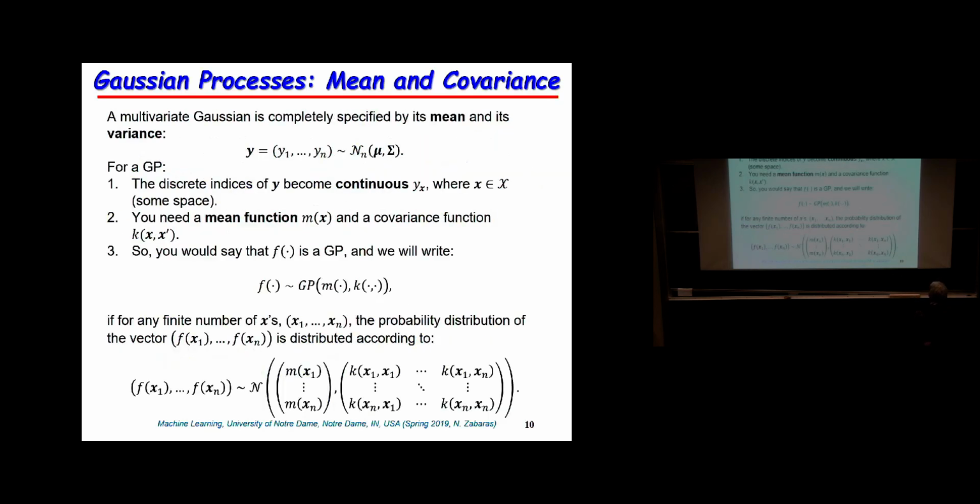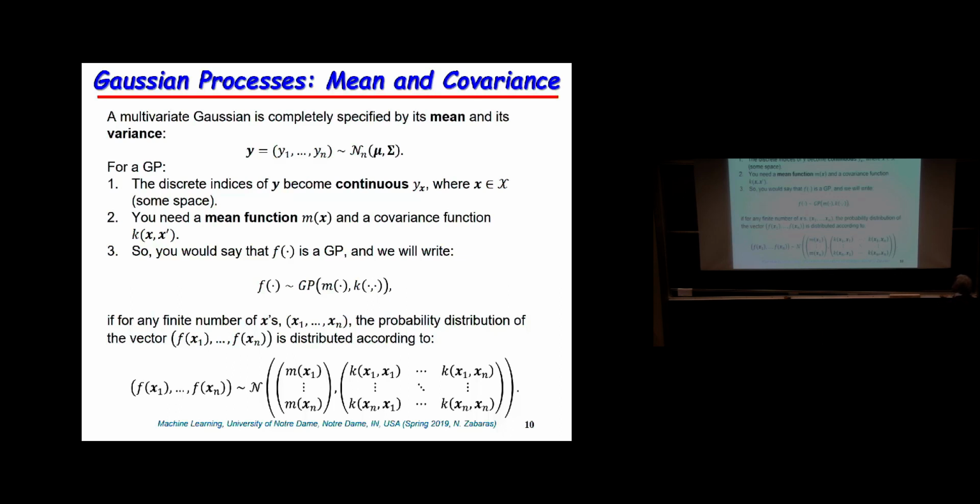Okay, so let's compare things with a multivariate Gaussian. So y follows a multivariate Gaussian. This is our standard definition. So for a GP, think that the indices of y become continuous. All right?